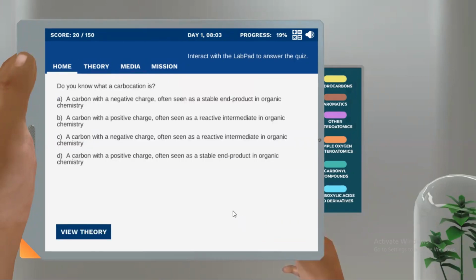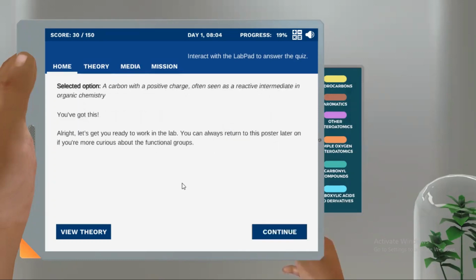Do you know what a carbocation is? You've got this. Alright, let's get you ready to work in the lab. You can always return to this poster later on if you're more curious about the functional groups.